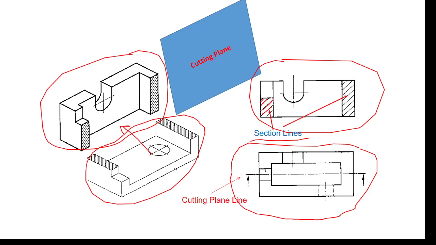Here, on this special line, you see at one terminal part we have a thick portion, and at the other terminal part a thick portion, and the intermediate part looks like an axis of symmetry. It is the format used in showing the edges of cutting planes. It is called the cutting plane line.